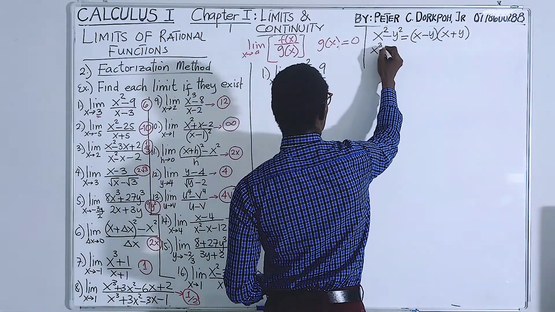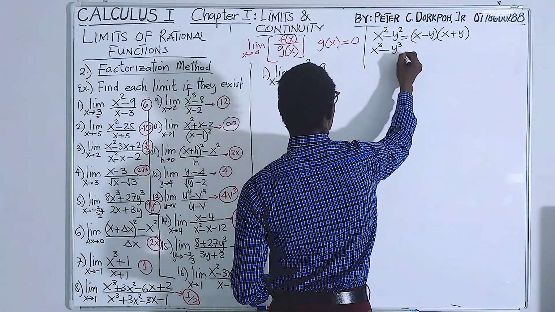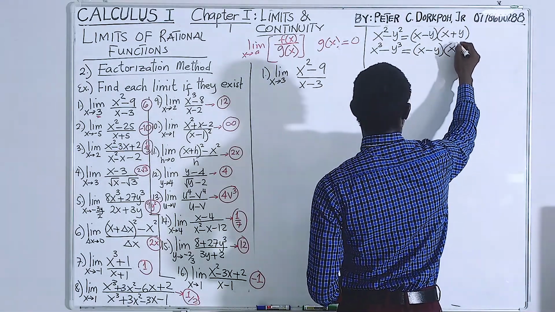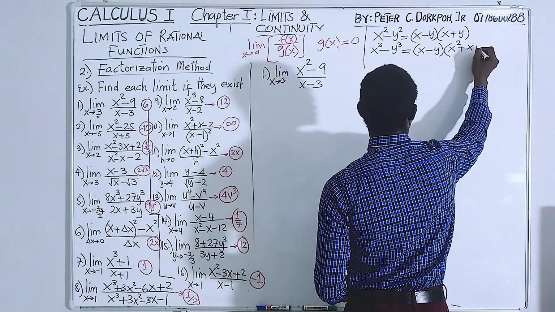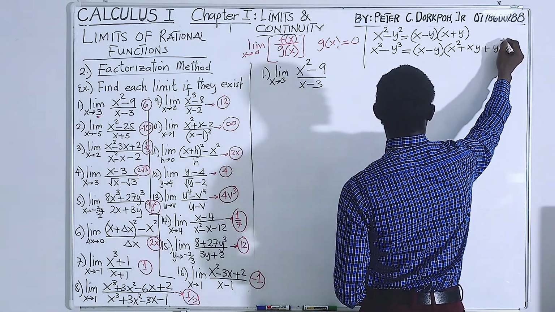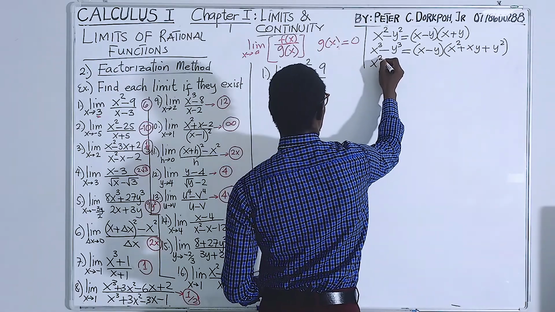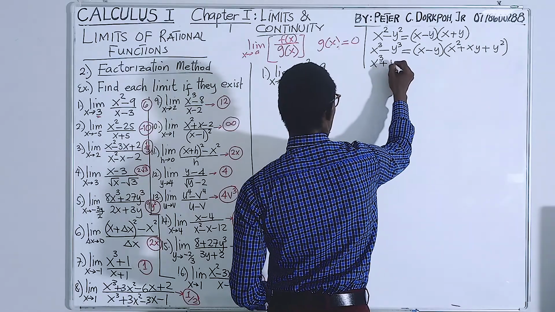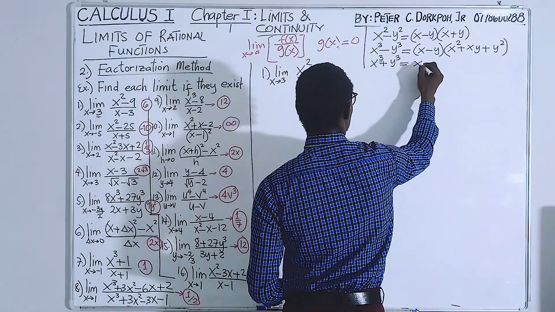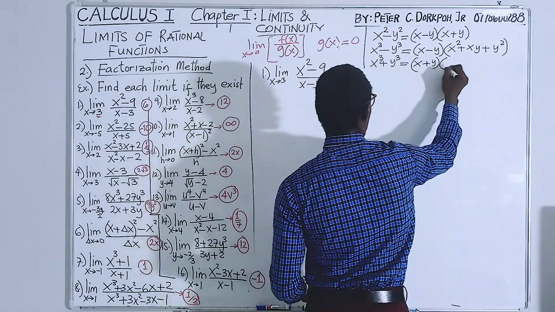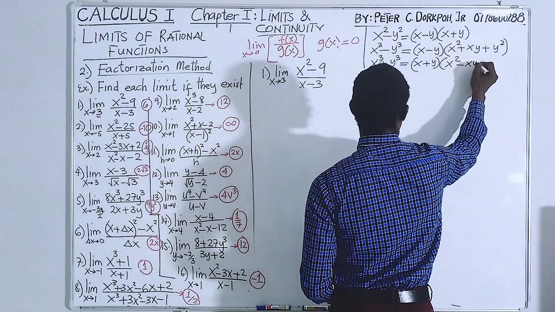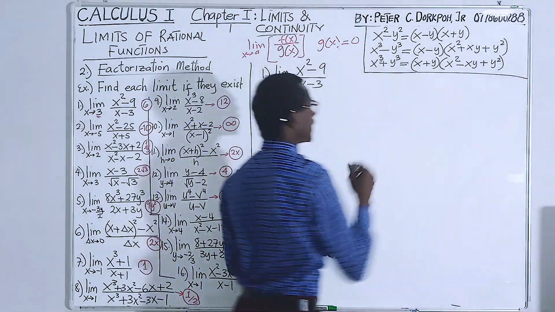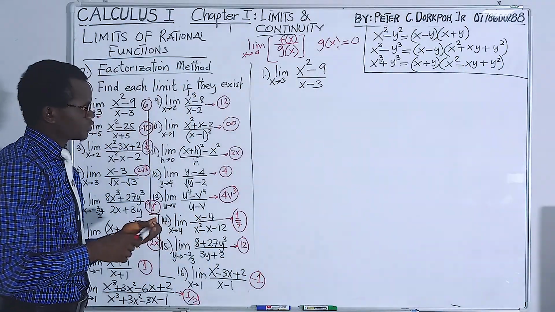Then x cubed minus y cubed is equal to x minus y times x squared plus xy plus y squared, right? Then the last one I want to look at, the sum of two cubes, x cubed plus y cubed, is equal to x plus y times x squared minus xy plus y squared. So let's keep an eye on those expressions.